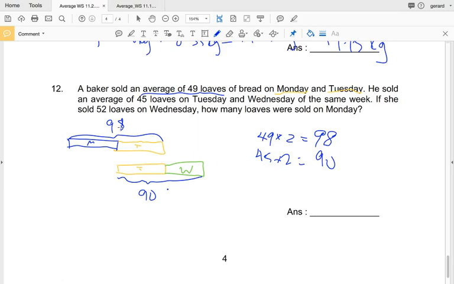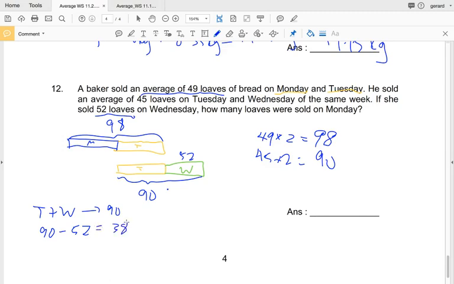Just give me a while, let me read through this. It's kind of confusing for me as well. Oh, sorry. We can just straight away use these 52 loaves here. I didn't see this just now. So we know that Wednesday is 52. So we can find Tuesday. Tuesday plus Wednesday is 90, so we take 90 minus 52, we get 38.